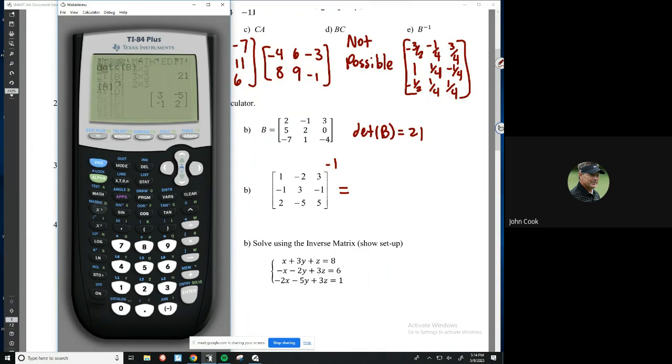All right, then we do matrix A, and then inverse. And there you go. So we get 10, -5, -7, 3, -1, -2, -1, 1, 1. All right, there's our inverse.